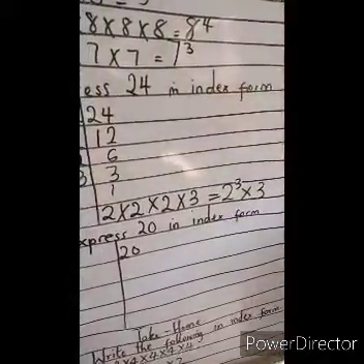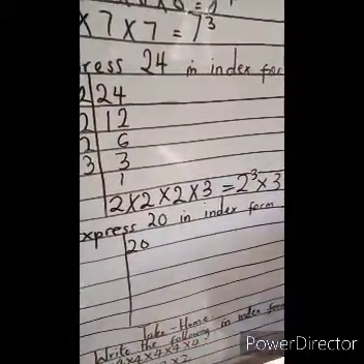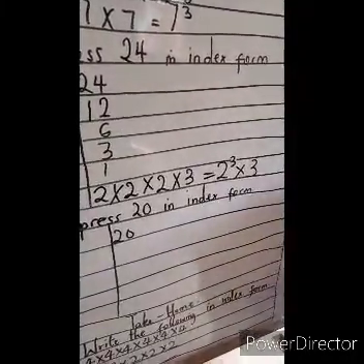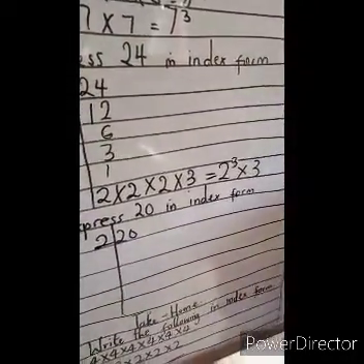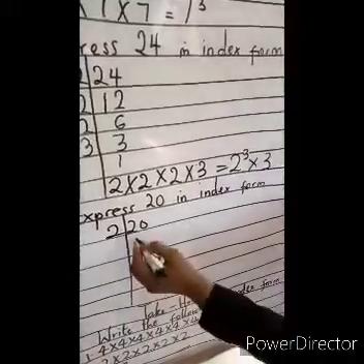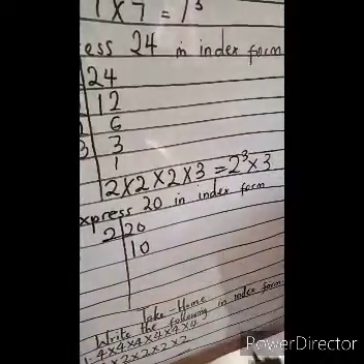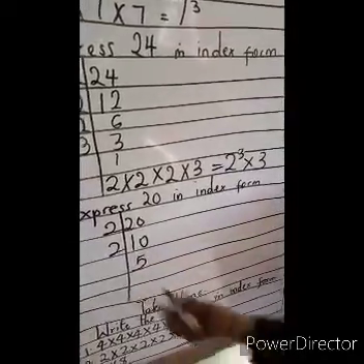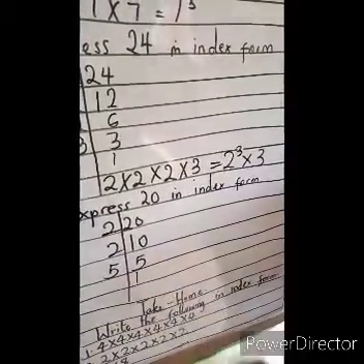Now 20 in index form. Let's express it. Remember 20 has 0, and 0 is an example of an even number. So we begin with 2. How many 2 in 20? We have 10. 2 in 10, we have 5. 5 can divide itself, so we have 5 as the last.